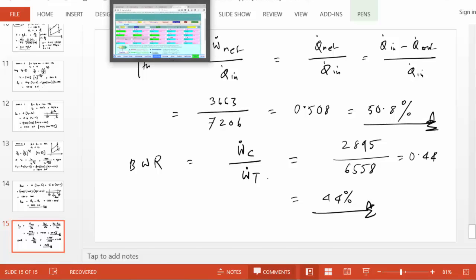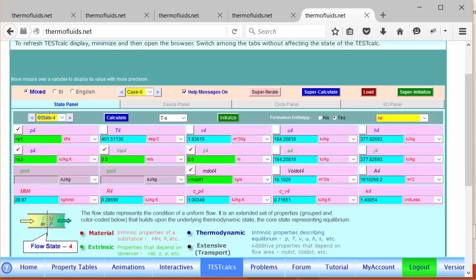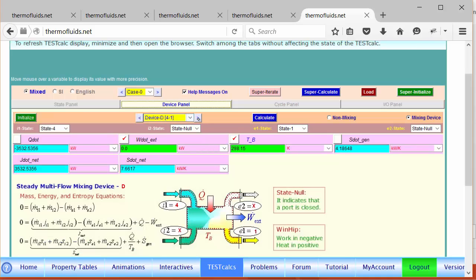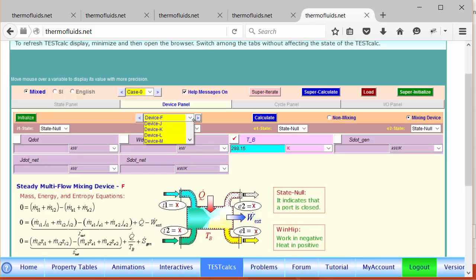Let's go verify using test calc. We have analyzed all 4 devices, A, B, C, D. How do you know? The analyzed device will have the inlet and exit states listed. Once all 4 devices are done, the cycle is complete.